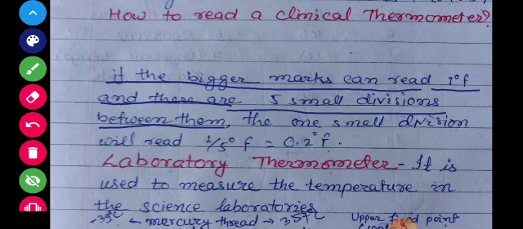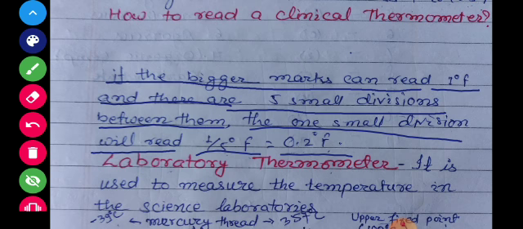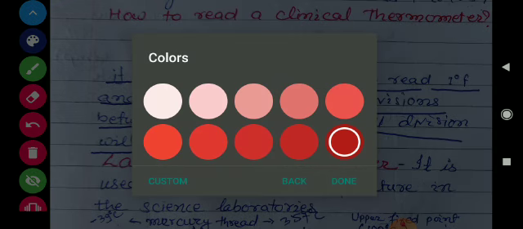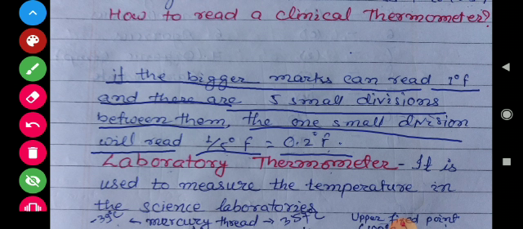One small division will read as 1 by 5 degree Fahrenheit, which we can take as 0.2 degree Fahrenheit.